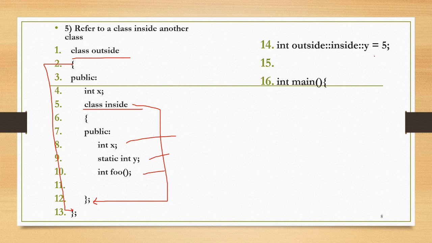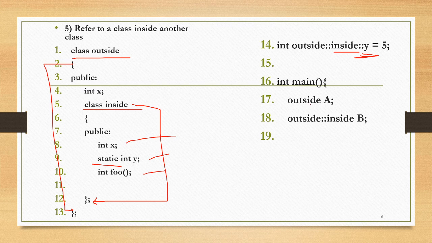We are going to initialize this y, the static variable, like this: integer outside, scope resolution operator, inside, scope resolution operator, y is equal to 5, and this is the way to make use of the scope resolution operator. Then we have created the object of outside, and then we have created the object of inside, like this: outside A, outside semicolon, inside B.